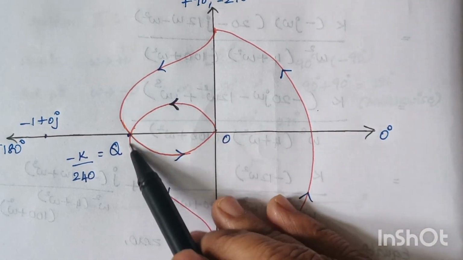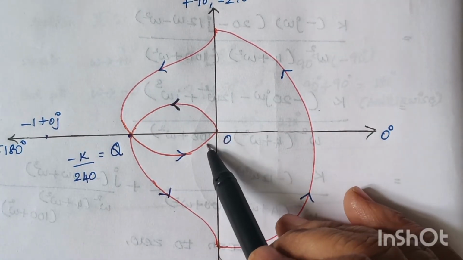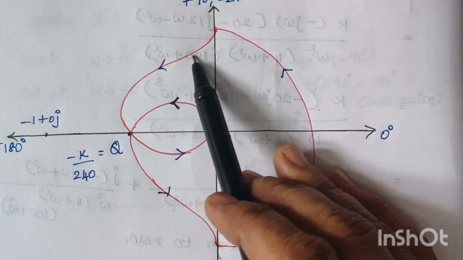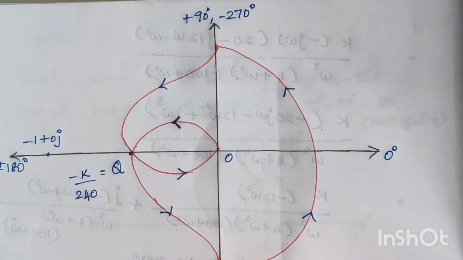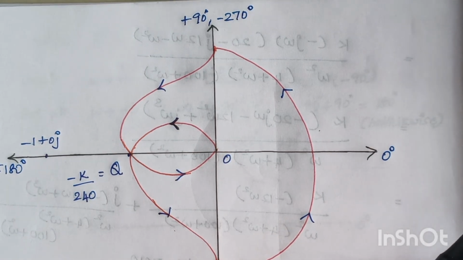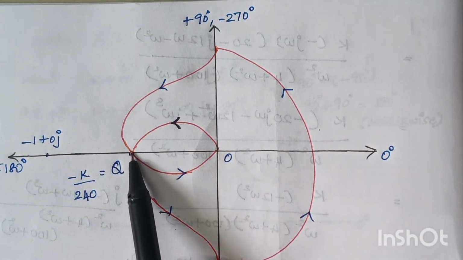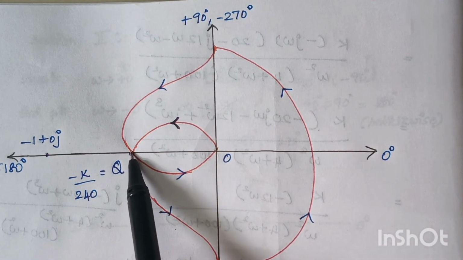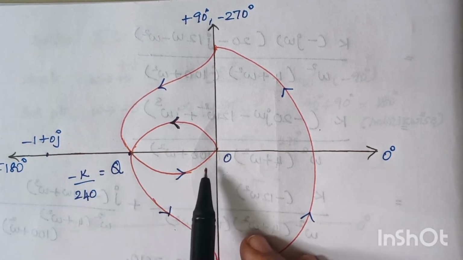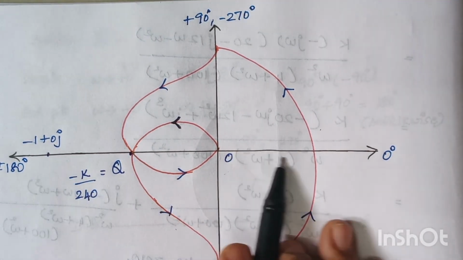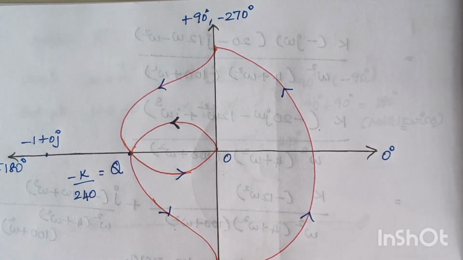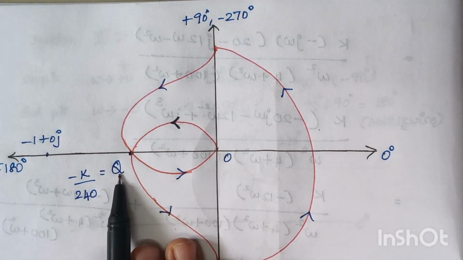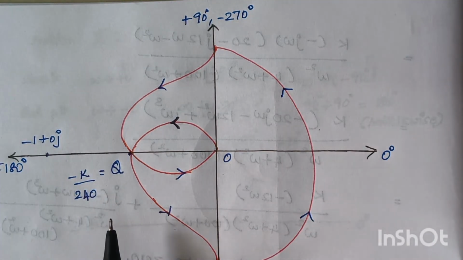So I had drawn the exact mirror image of section 1 here. Right, and section 4 is not needed. So this is our final plot. And we had found q, right? Q is nothing but this point on the negative real axis. This is your positive real axis and this is your negative real axis. And what is the value of q? It is given by minus k by 240.